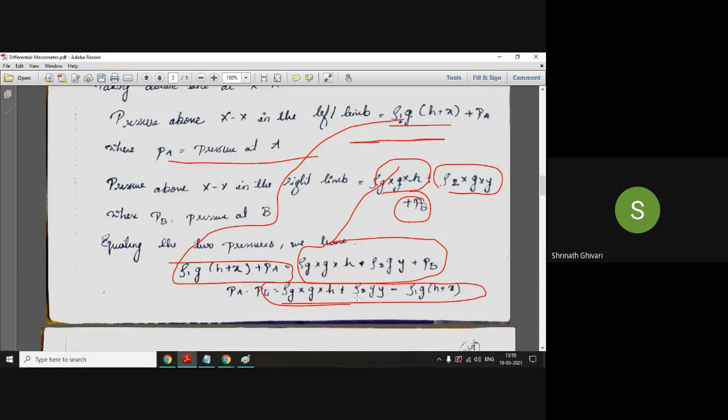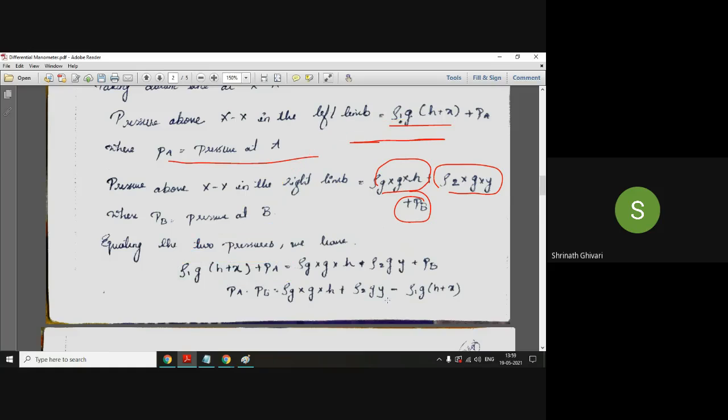Can anyone just derive this? You just write this part and get this part completely simplified. Can anyone do this and let me know?